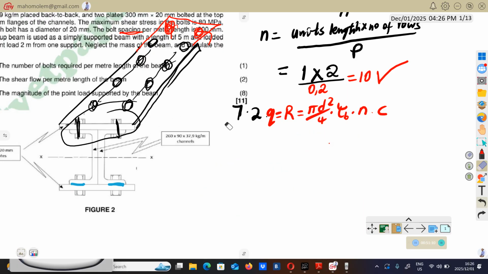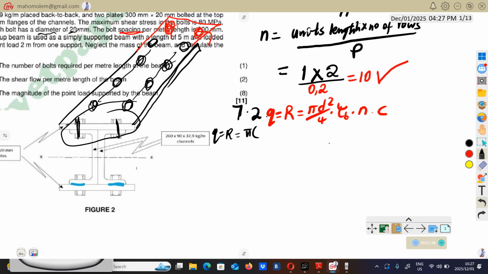Now we just have to substitute. So when we substitute there: pi, the diameter, we have a 20 millimeter bolt.